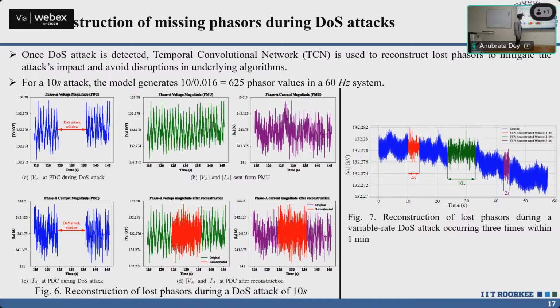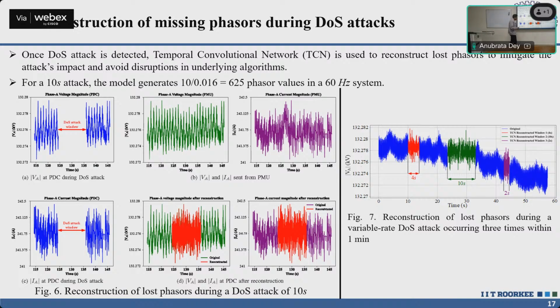The model has to generate this many phasors, 10 seconds divided by the time period. Here I have considered 60 hertz, so one cycle is 16.66 milliseconds. You can consider 50 hertz also, then you have 0.02 and you have to generate 500 phasors like that.